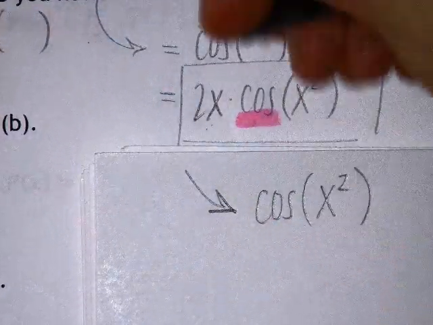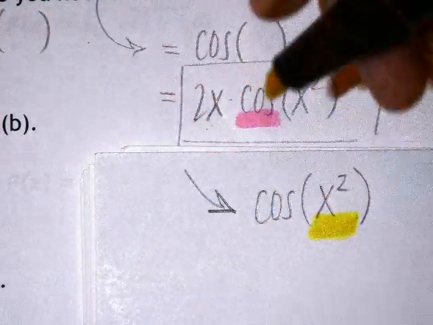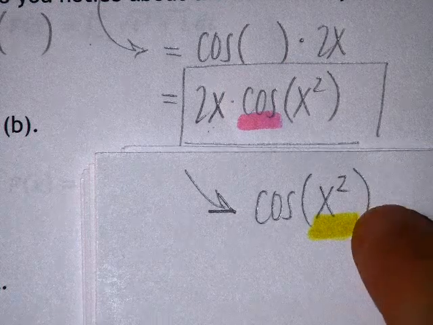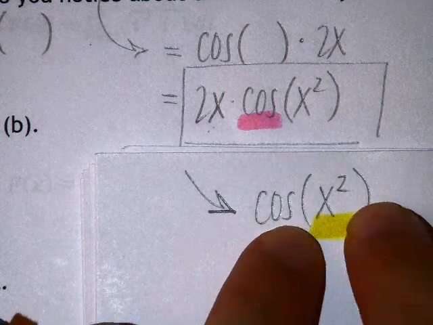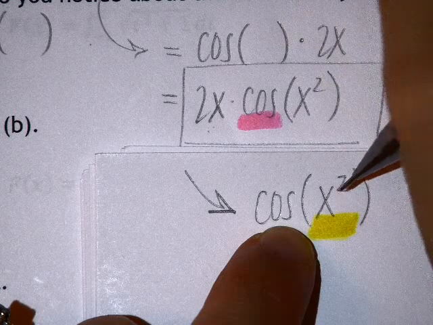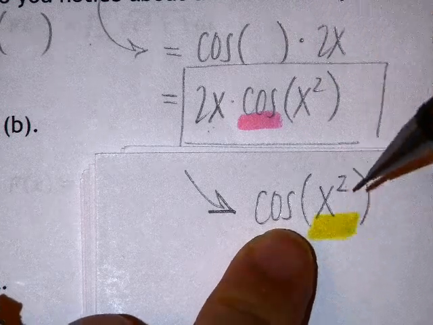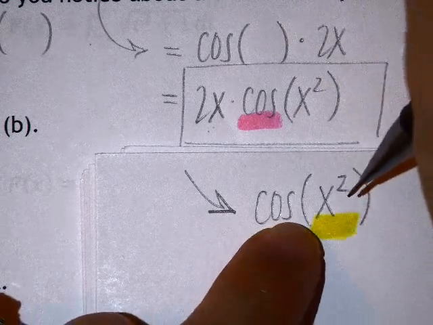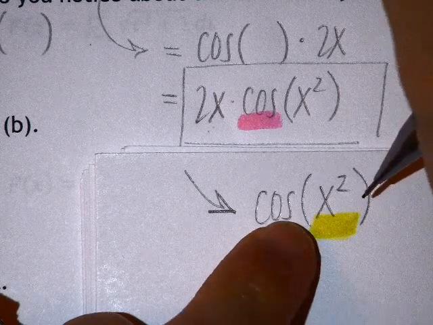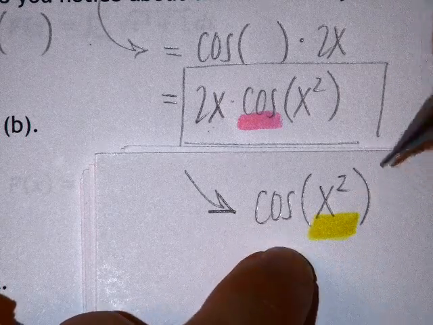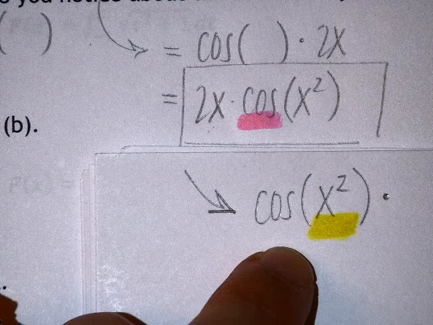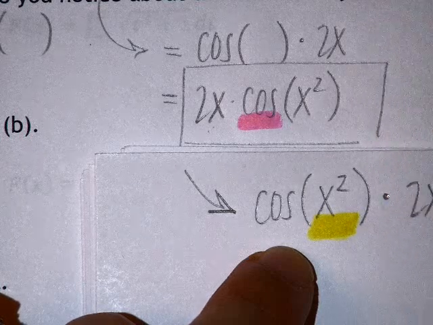If the thing inside our new function, if the thing that replaces the dummy variable, the x quantity, is not just x, it's x squared or anything that would necessitate a chain rule, anything that would necessitate a second step, we have to multiply by its derivative.